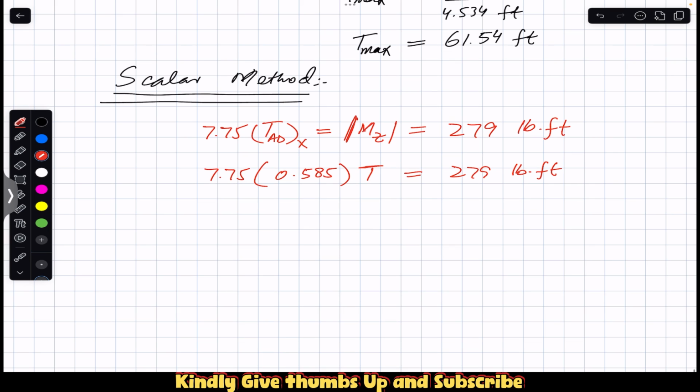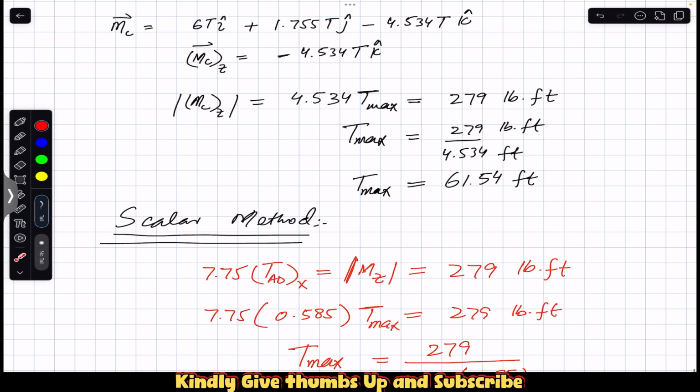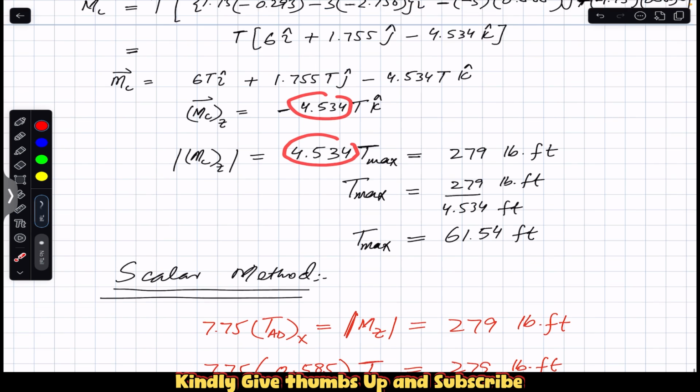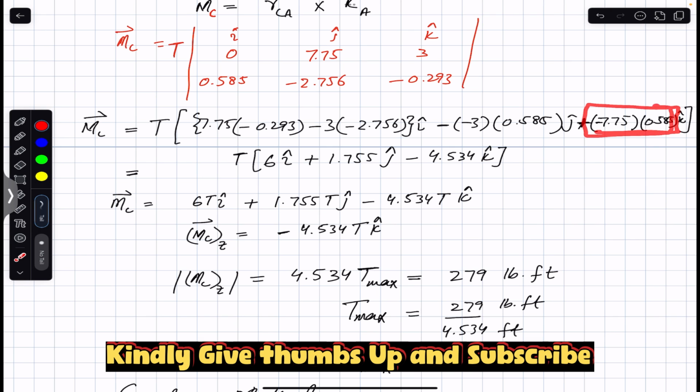Now if we equate this to 279, this is the T max that we want to find. So T max is equal to 279 divided by 7.75 times 0.585. Compare this with where we got 4.534: we got it from 7.75 times 0.585.